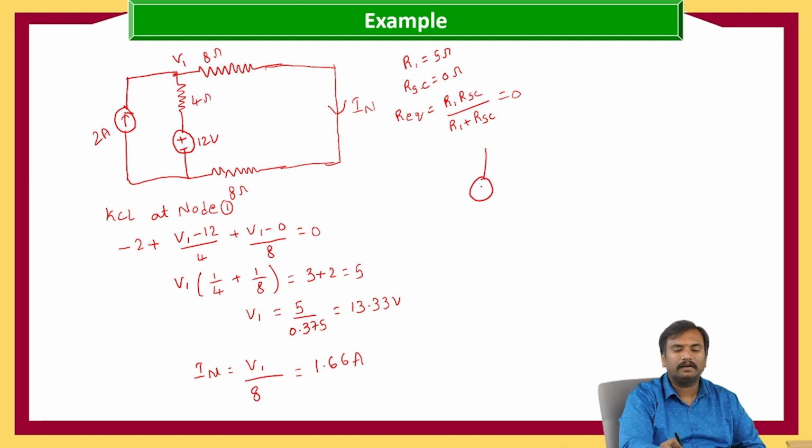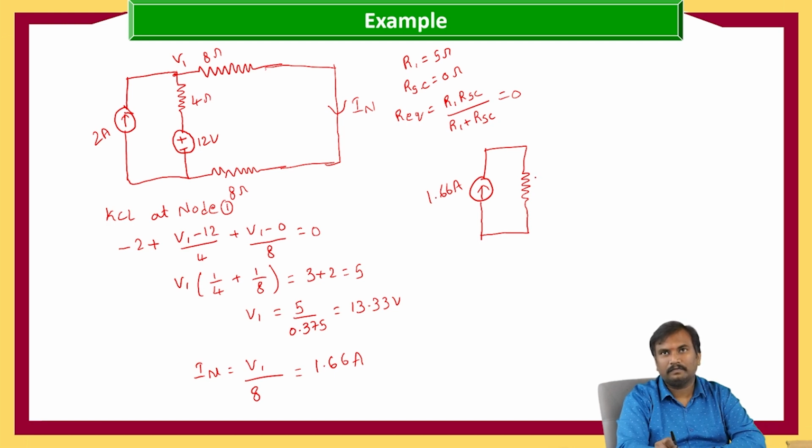So our circuit can be replaced with the equivalent Norton's circuit, that is 1.66 amperes, and Rn we got it as 4 ohms.